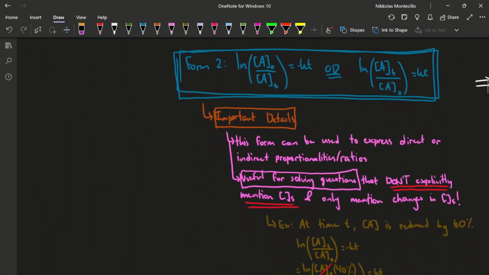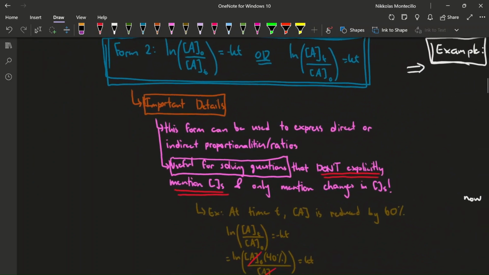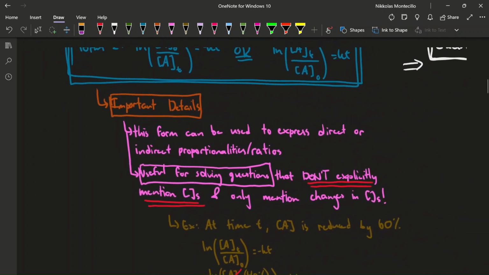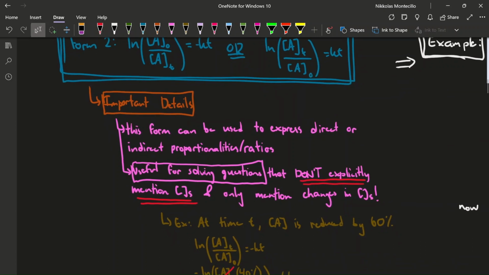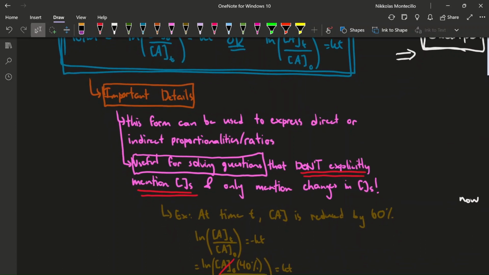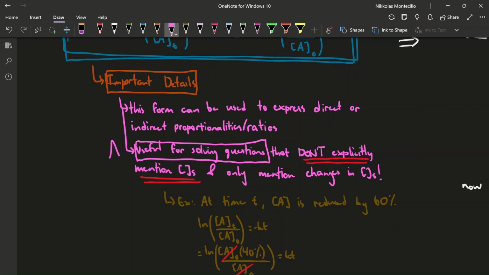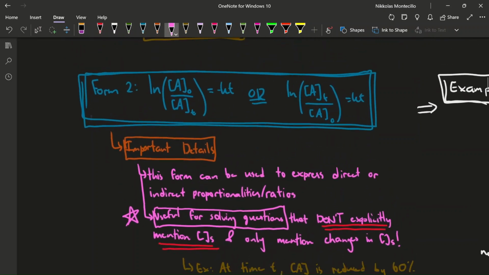These forms are important because this form can be used to express direct or indirect proportionalities or ratios, right? And it's useful for solving equations that don't explicitly mention the concentrations of the reactant and only mention changes in concentrations.